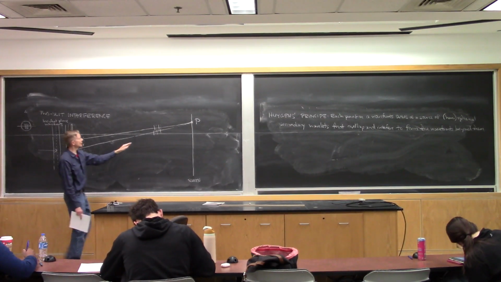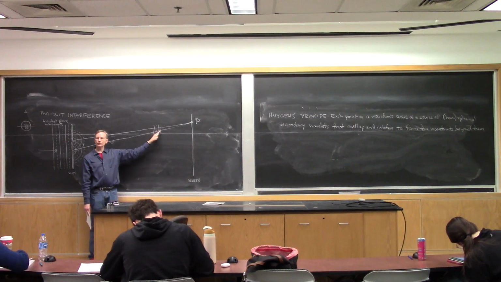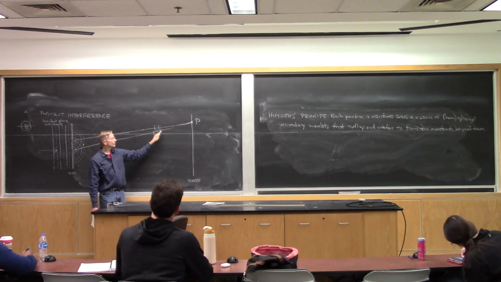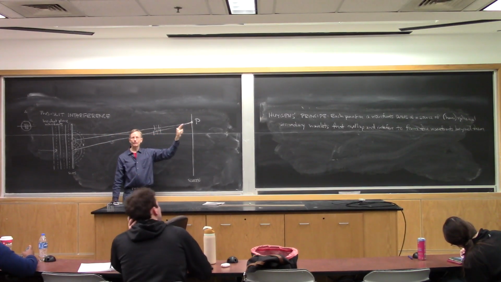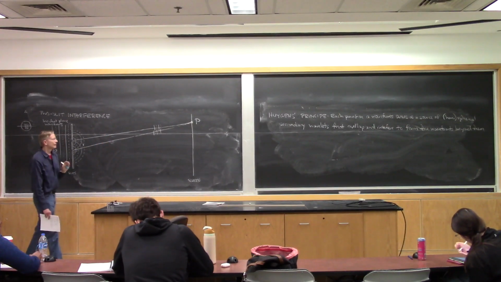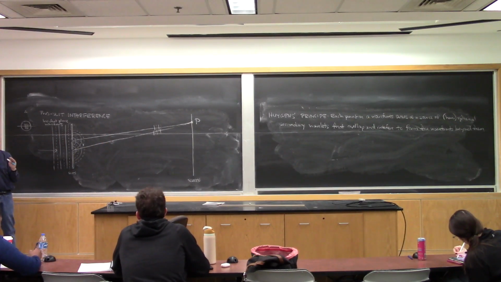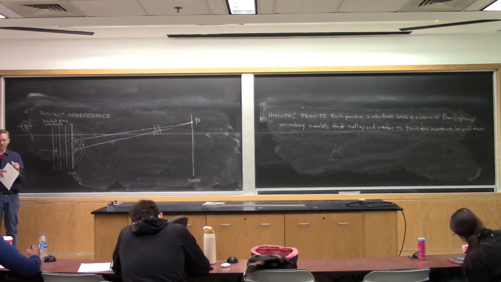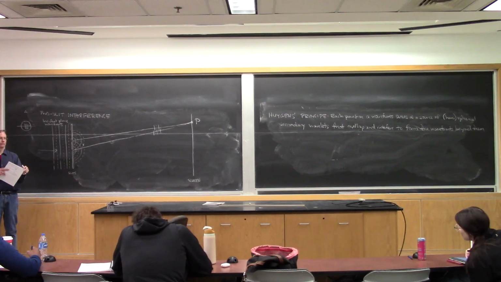In the situation I've drawn, crests and troughs are shifted from one another. There's a phase shift between them. And so when they get to point P, they're not perfectly in phase with one another. And we'll get maxima where the two waves are in phase with each other. Crests overlap crests, troughs overlap troughs.